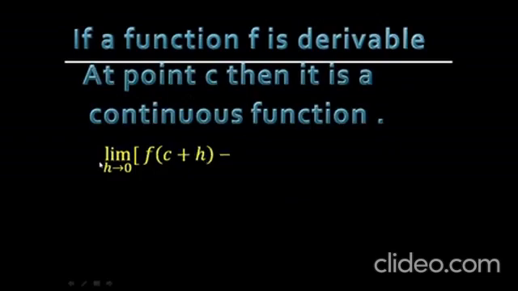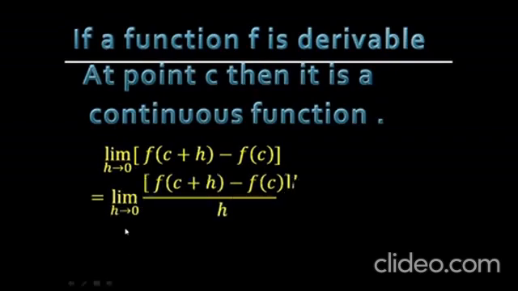Look at this. We take the limit as h tends to 0 of f(c plus h) minus f(c), and multiply and divide by h. So we can write this step: limit h tends to 0 of [f(c plus h) minus f(c)] upon h, multiplied by h. This first part represents f dash c.